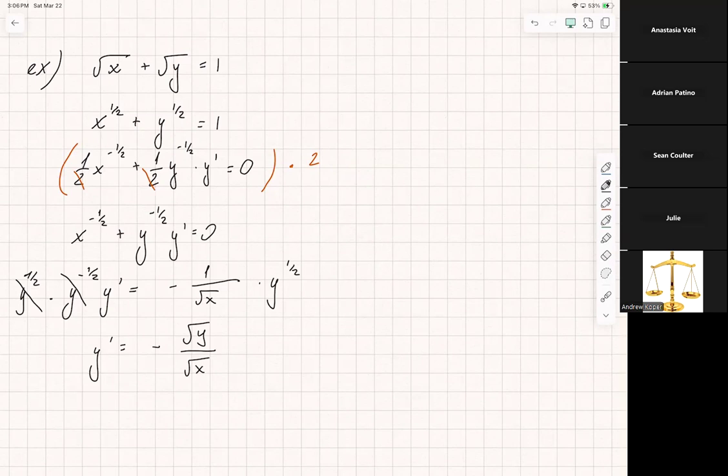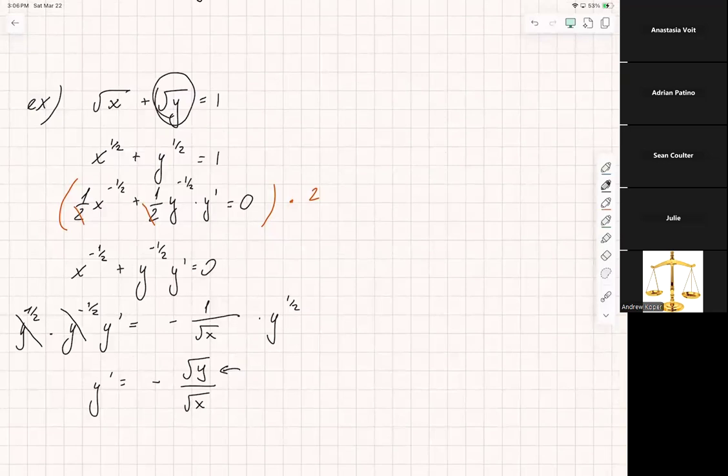And now we know that this y prime is exactly the same as this one. So we can say that square root of y is 1 minus square root of x, right? So we can plug it into our expression for y prime right here.